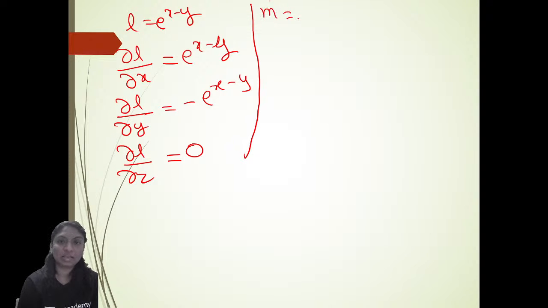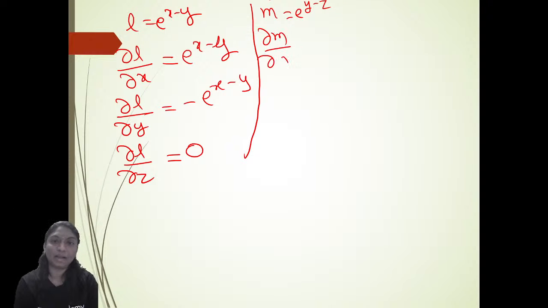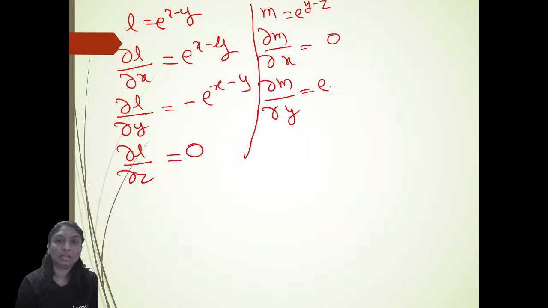So here m is equal to e raised to y minus z. So ∂m/∂x is 0, ∂m/∂y is e raised to y minus z, and ∂m/∂z is minus e raised to y minus z.